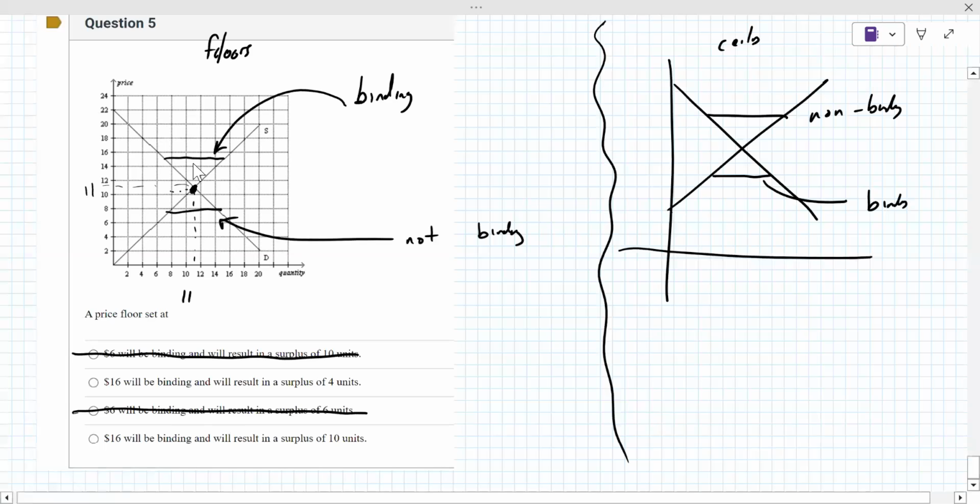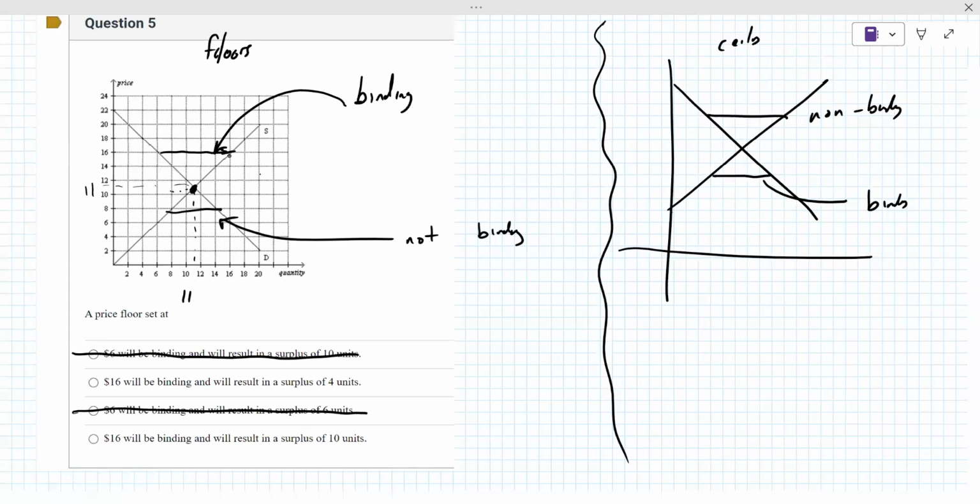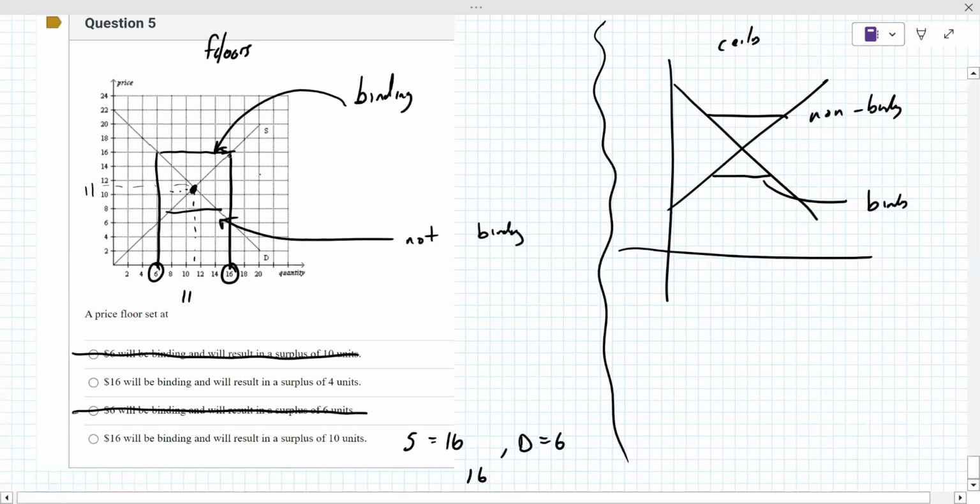It should be up there. If the price is 16, suppliers want to make 16, but the demand is only for 6. 16 minus 6 is 10 units.